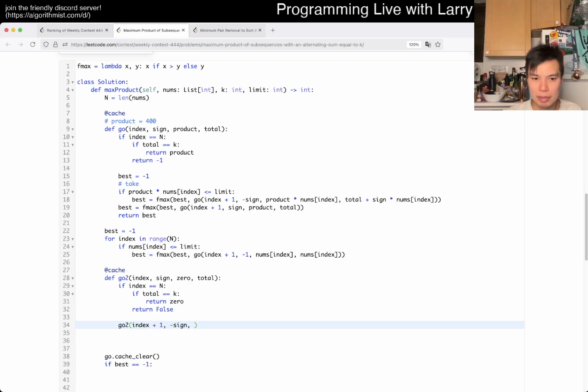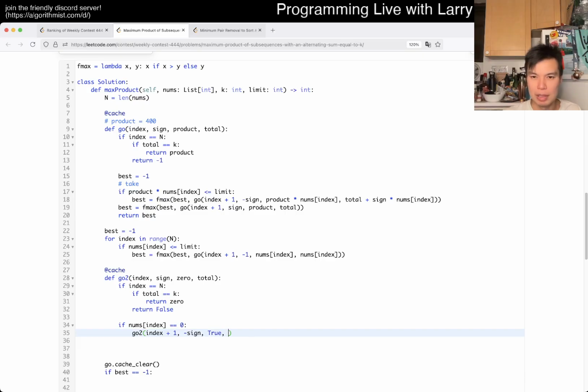Negative sign. Okay, if nums sub index is equal to 0, then we can. Okay, so do the tick no tick first. Nums sub 0, then the tick will take this to be true. And then total and whatever, just write everything else.